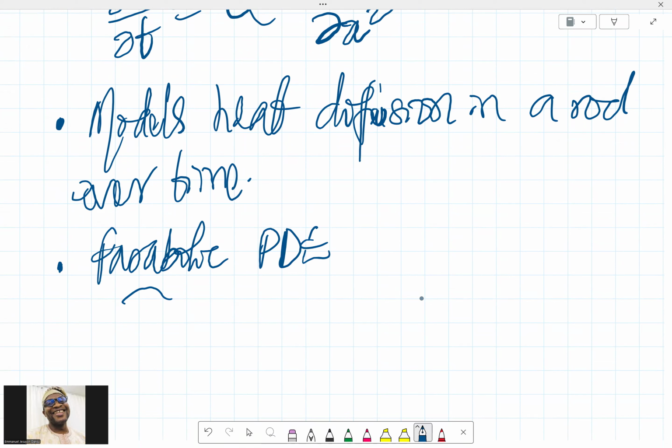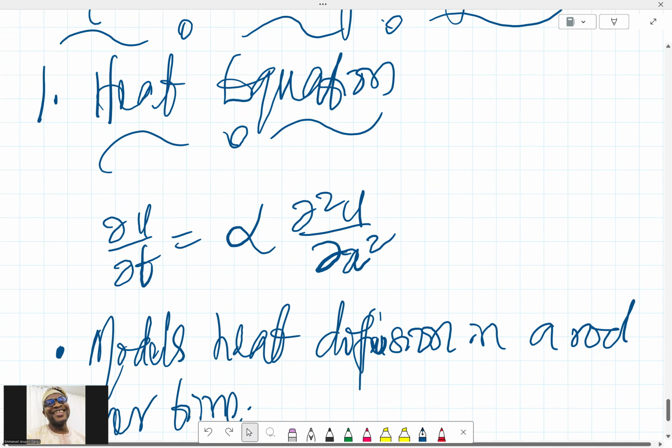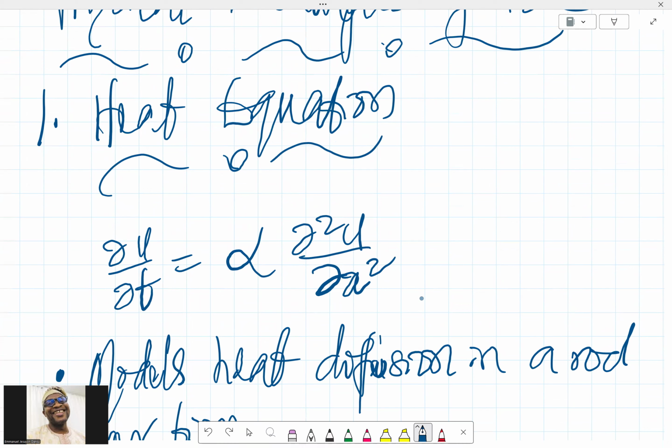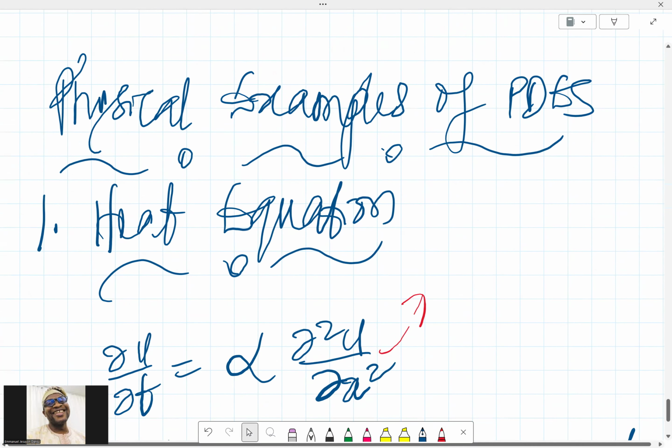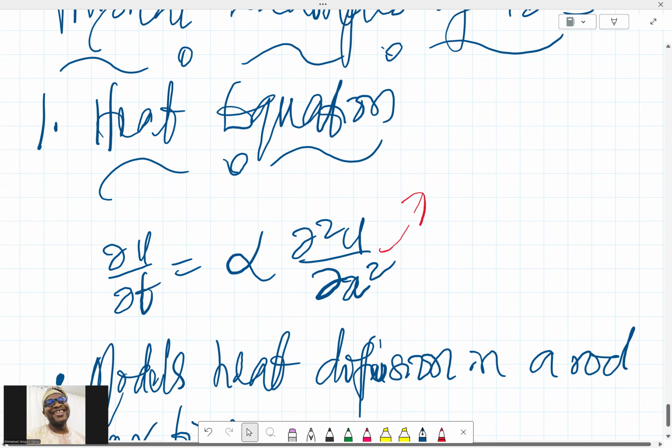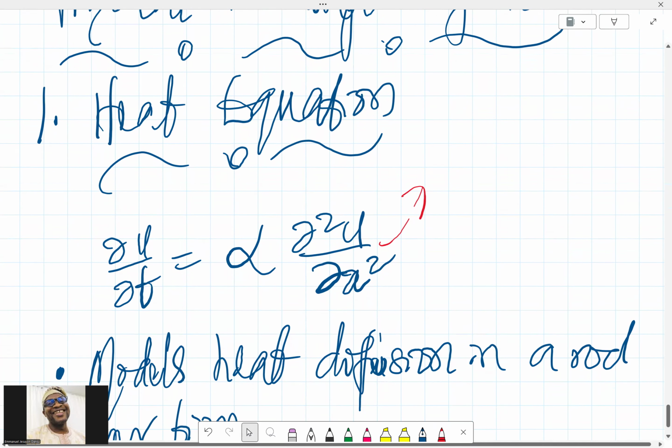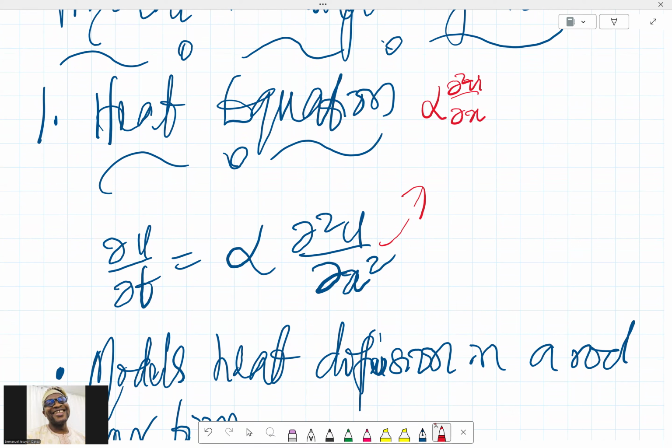Now, what makes it parabolic? If you write the heat equation in the standard form we saw up there, we have a d squared u dx squared, so alpha d squared u dx squared.